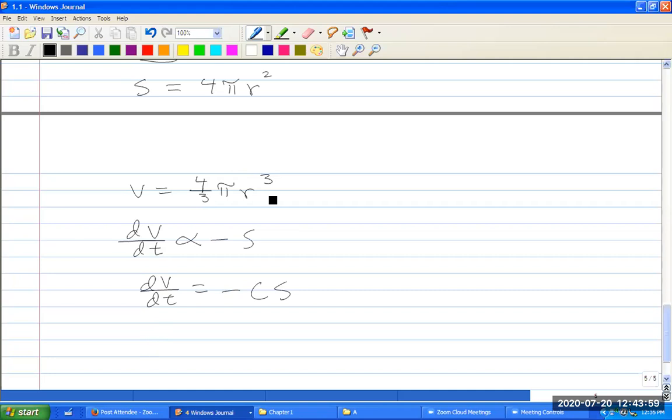So that says that S is somehow related to r squared, and V is proportional to r cubed.